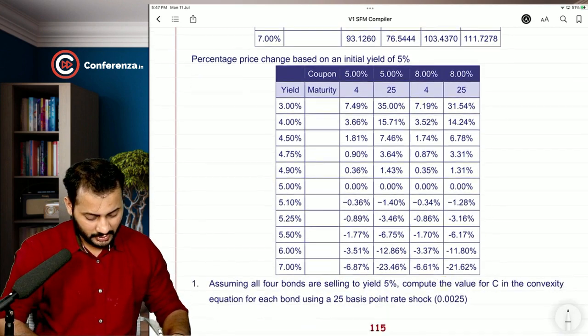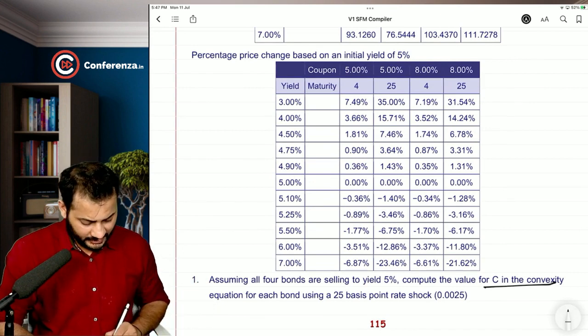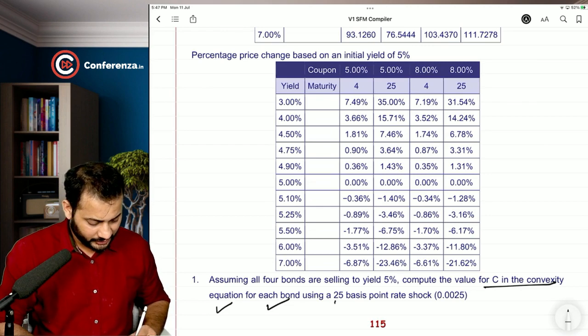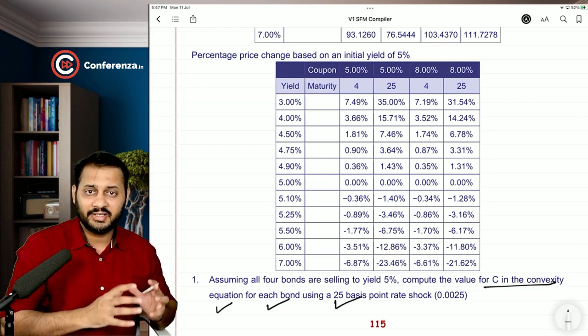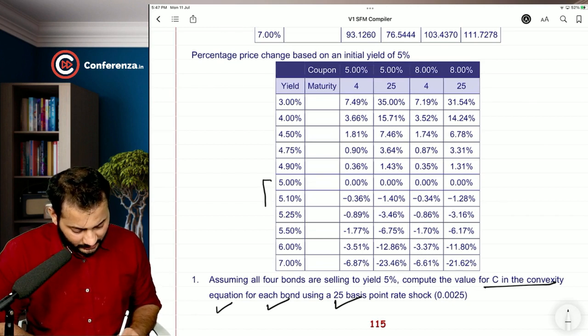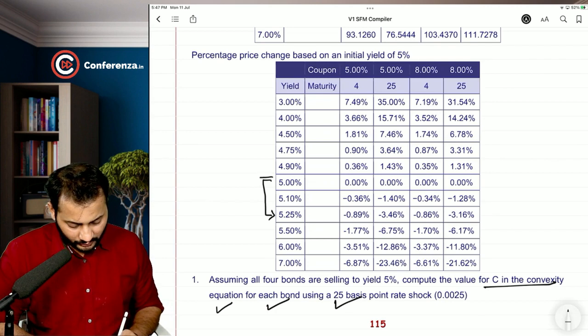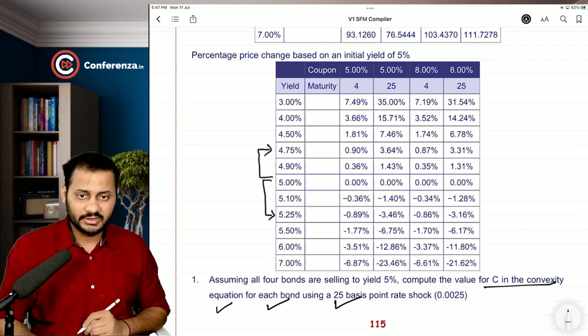Now, assuming all the bonds are selling to yield 5%, compute the value for C in the convexity equation for each bond using a 25 basis point rate shock. That means you have to consider an increase in the yield by 25 basis points and also a decrease in the yield by 25 basis points.